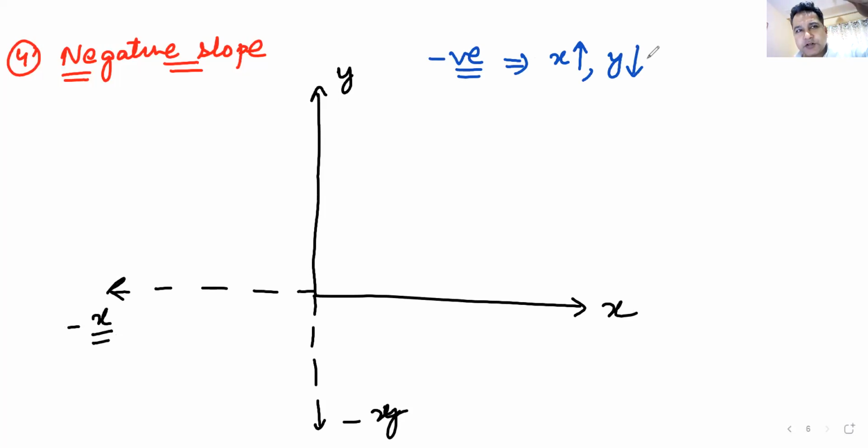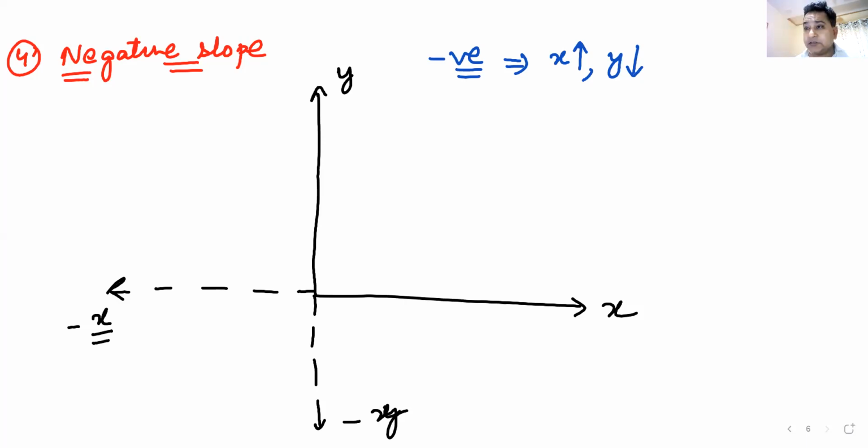When you increase the value of one quantity, the other quantity decreases. Now, if x increases and y decreases, can you apply some common sense and tell me in which quadrant this graph will lie?